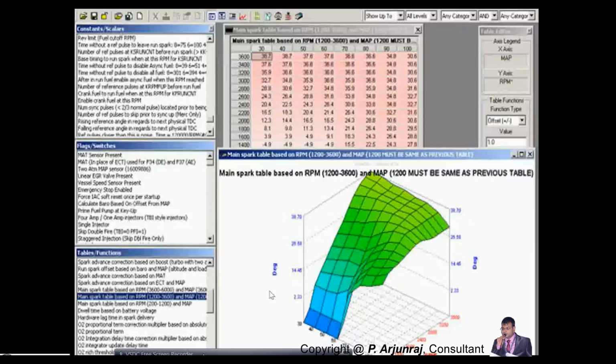At the same time, if sometimes you experience more fuel consumption, you can also find out using these tools the reason why it is going to the higher limit or the lower limit. So brake specific fuel consumption also can be adjusted with the help of the tools.